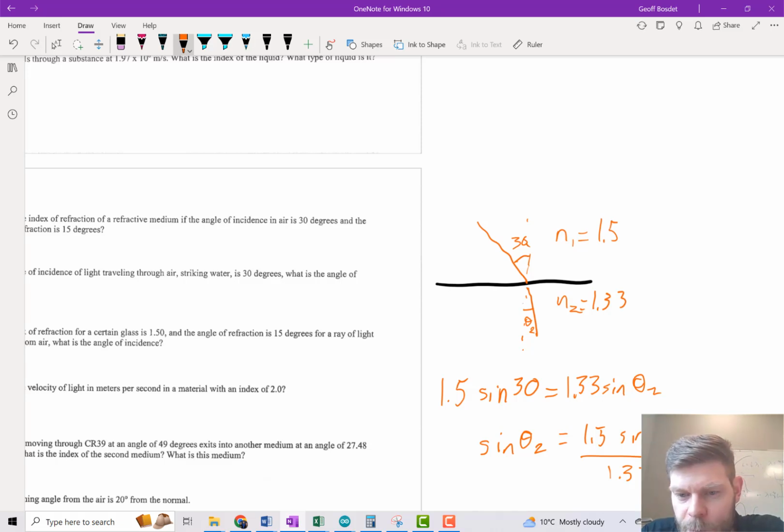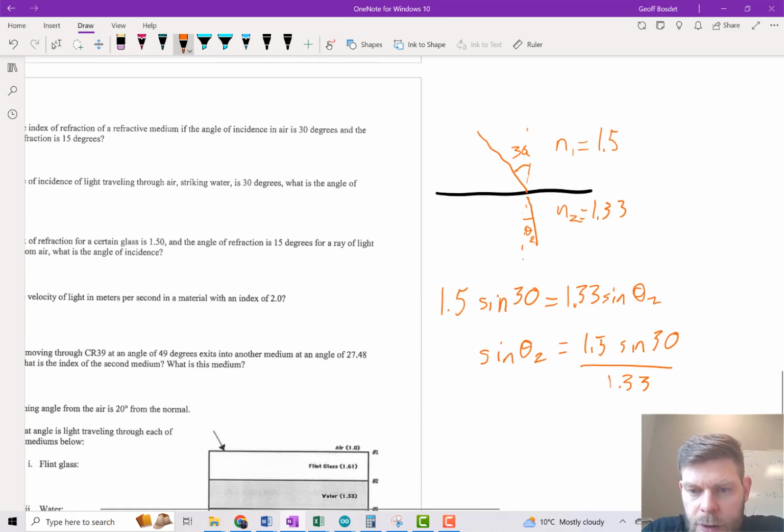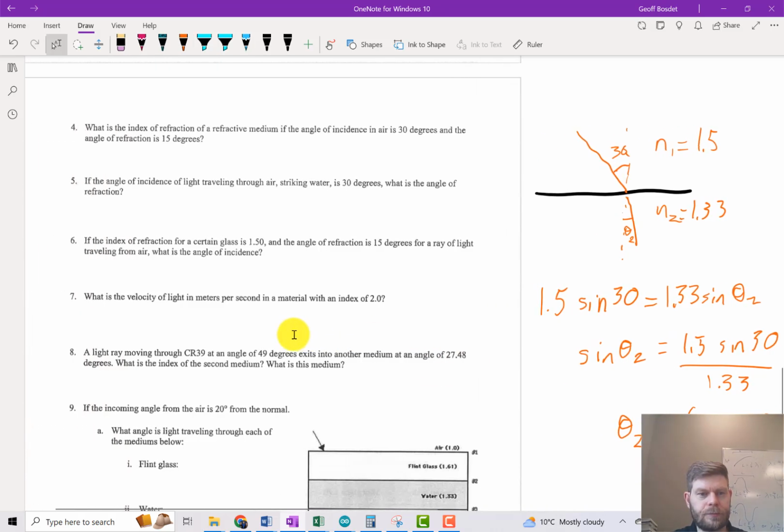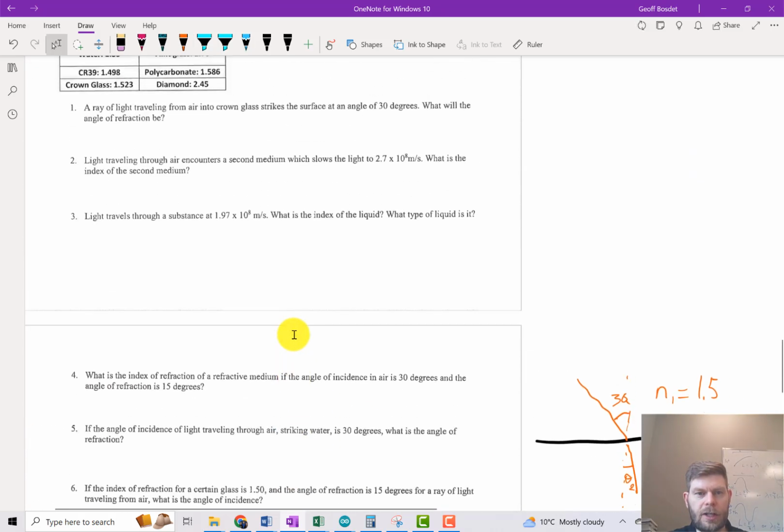And then to get rid of the sine, we just got to do inverse sine to both sides, arc sine. So then it's just theta 2 equals inverse sine of 1.5 sine 30 over 1.33. So just don't forget how to do an inverse sine. Try a couple like that. You should be good.